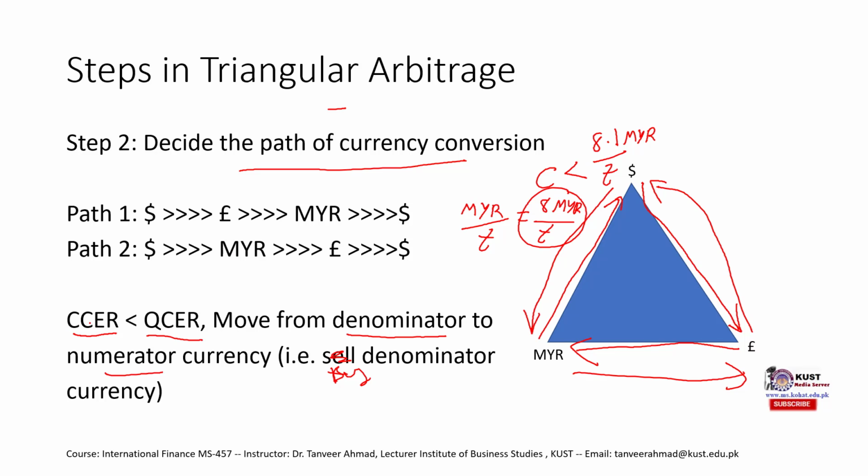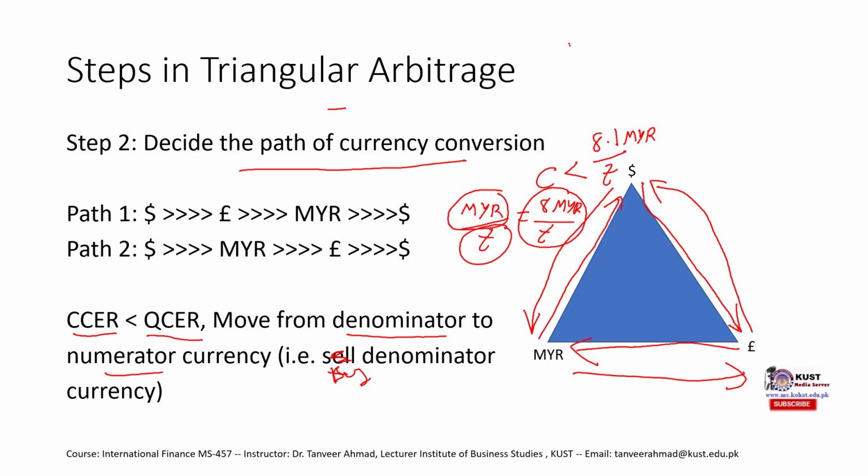So now we know that in our case calculated is less than quoted. What it says is move from denominator currency to numerator currency. So which one is the denominator currency? In this case it's pound, and which one is the numerator currency? This one is Malaysian ringgit.